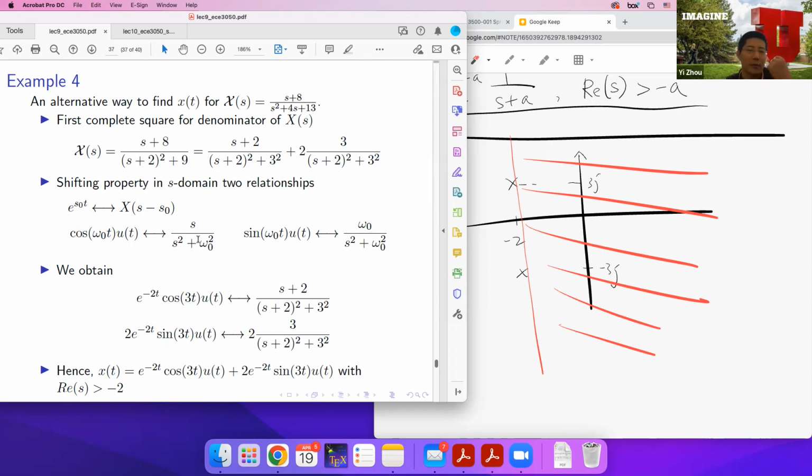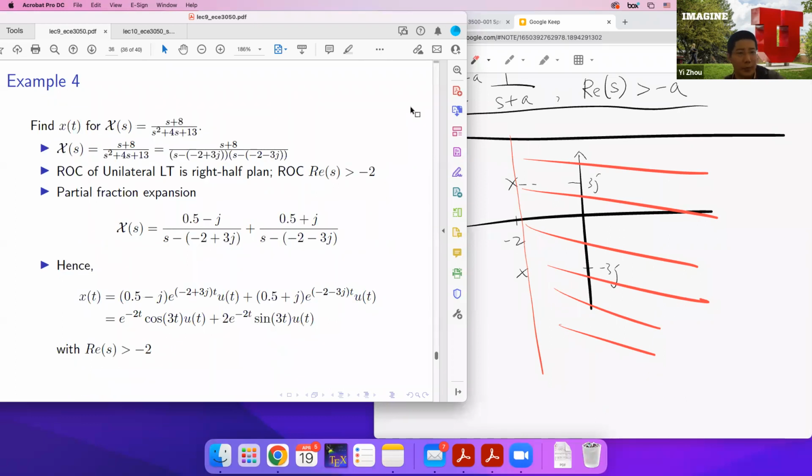Then the rest of the step is trying to connect these existing pairs with this Laplace transform. So I think I will skip it here. Apparently this approach is more general and it's actually simpler.